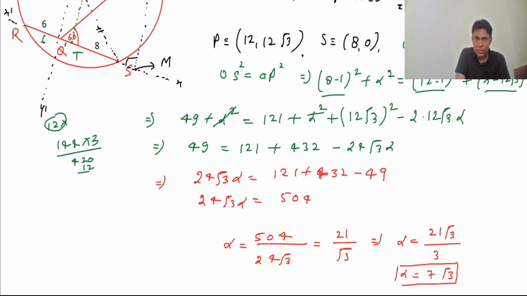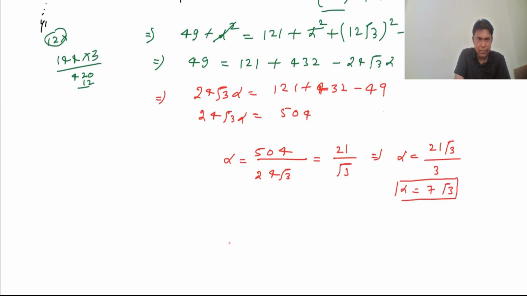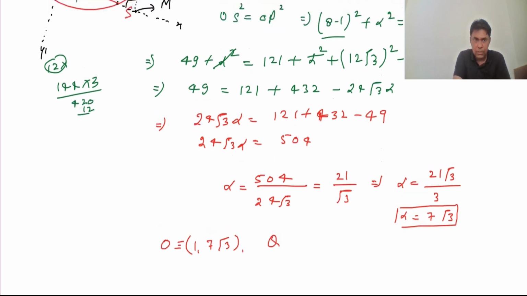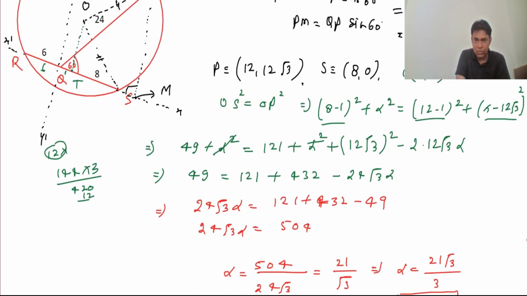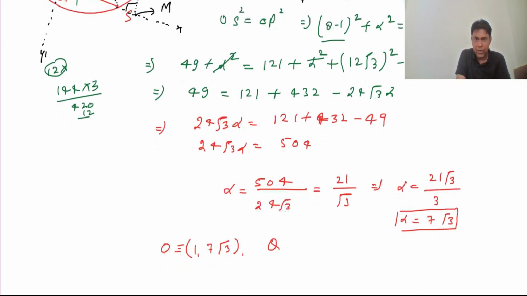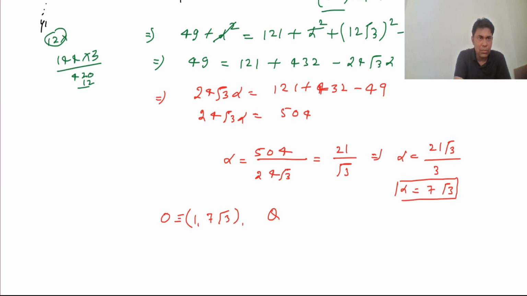With this, the coordinates of O will be 1 comma 7 square root of 3, and the coordinates of S are 8 comma 0. OS is nothing but the radius of the given circle.